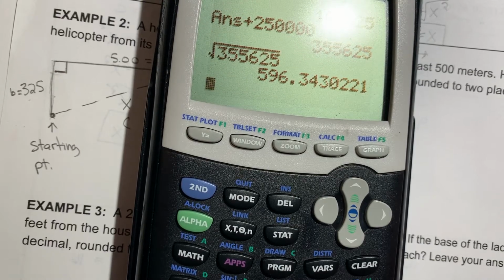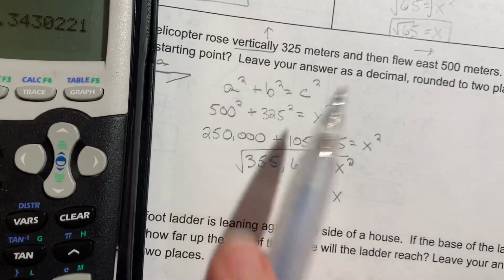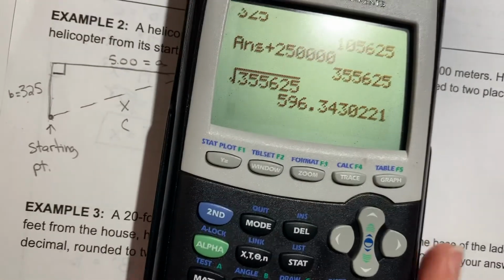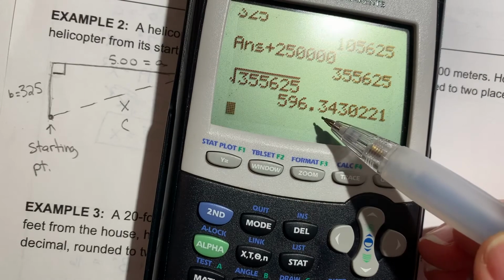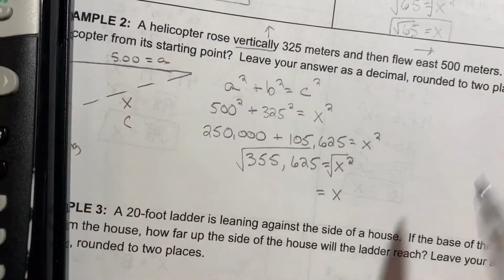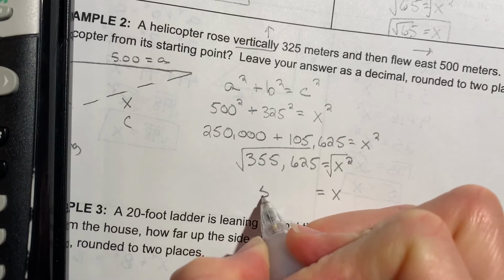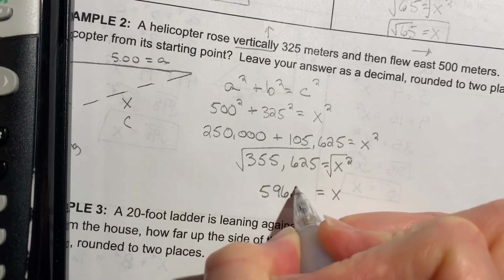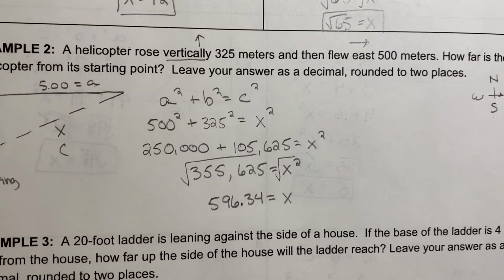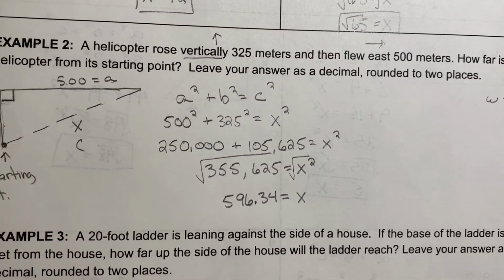Now, unlike the problems we did before, this one told me to leave your answer as a decimal rounded to 2 places. So it's going to be 596.34. So x equals 596.34.